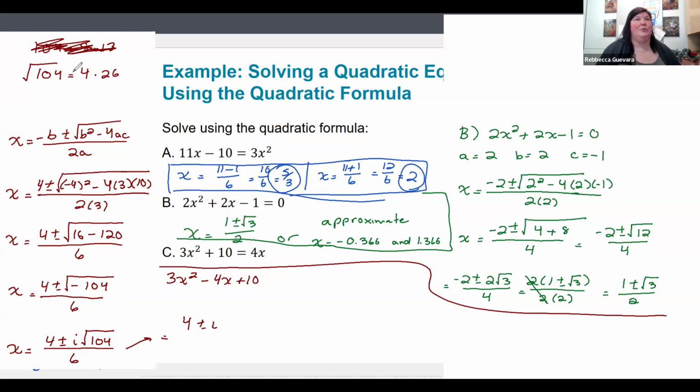So if I were doing a square root of these, that means the square root of 104 is actually just 2 square root of 26. That's what I was trying to get at. So we would have 2i square root of 26 divided by 6.